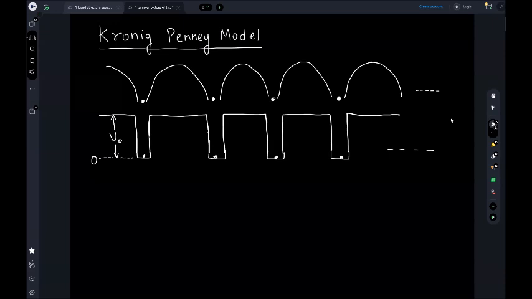So let's say this level here, we will define it to be the zero potential, and this level here we'll define it to be U naught.